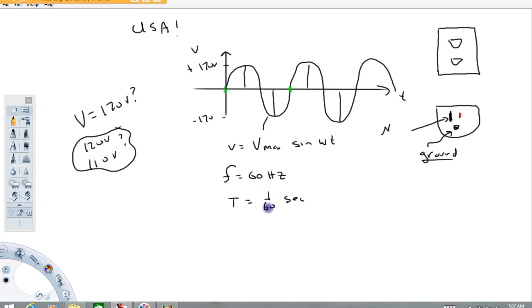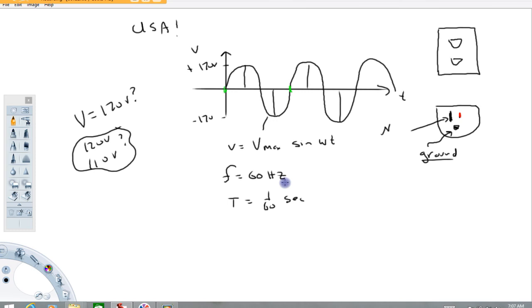I haven't been to Europe and I haven't looked this up recently, but I think in Europe they use a power grid that might be 220 or 240 or something like that, and I believe the frequency might be 50 hertz. So if you go to Europe, don't plug your phone charger or any of your electronics in without using some sort of adapter or converter.